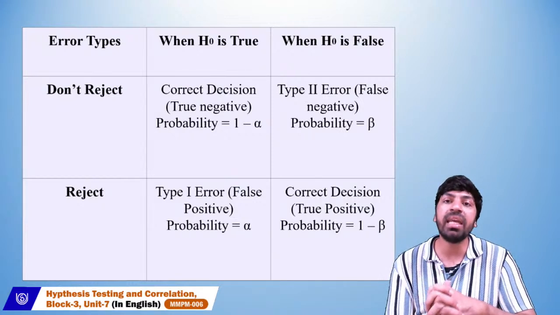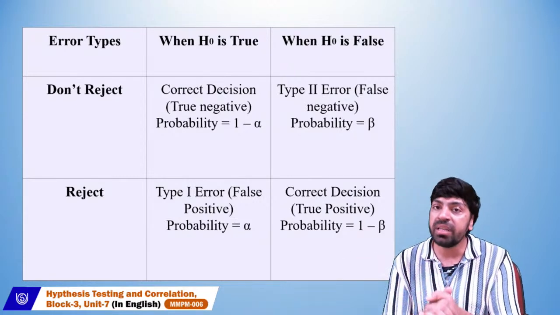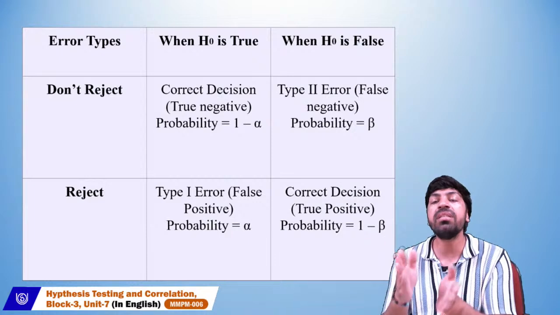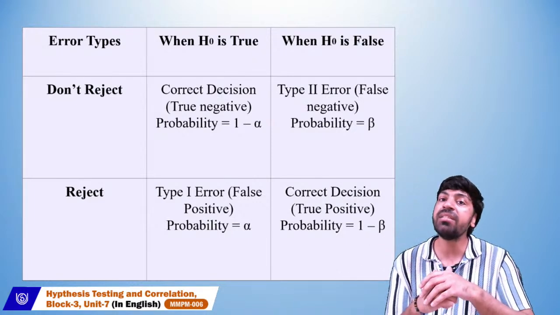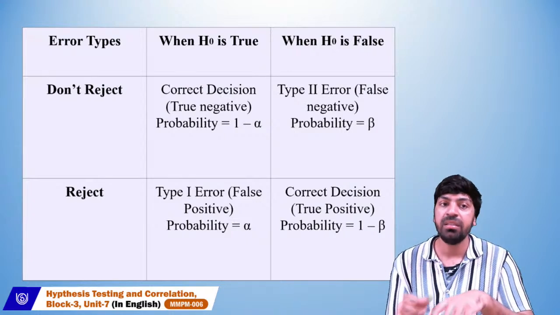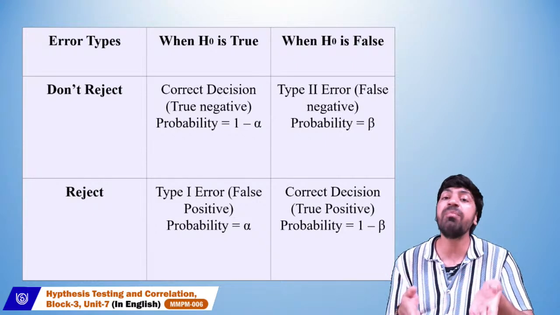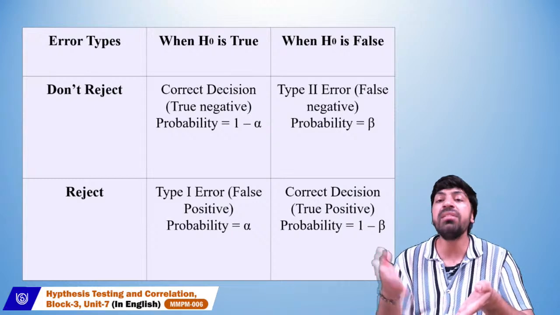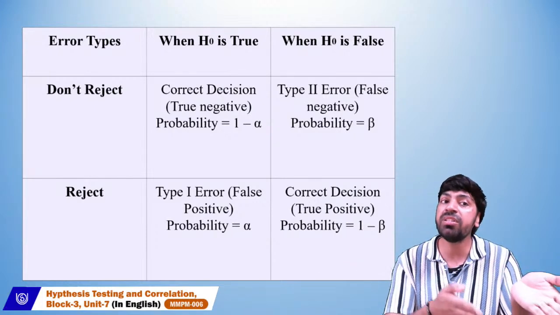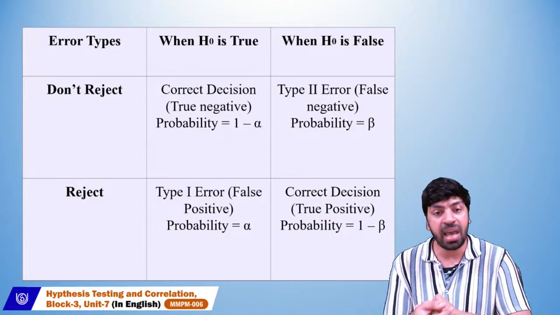I repeat once again, if the null hypothesis is not true and the researcher has not rejected it, it stands for type 2 error. If the null hypothesis is false, and knowing this fact the researcher is not rejecting the null hypothesis, it stands for type 2 error.